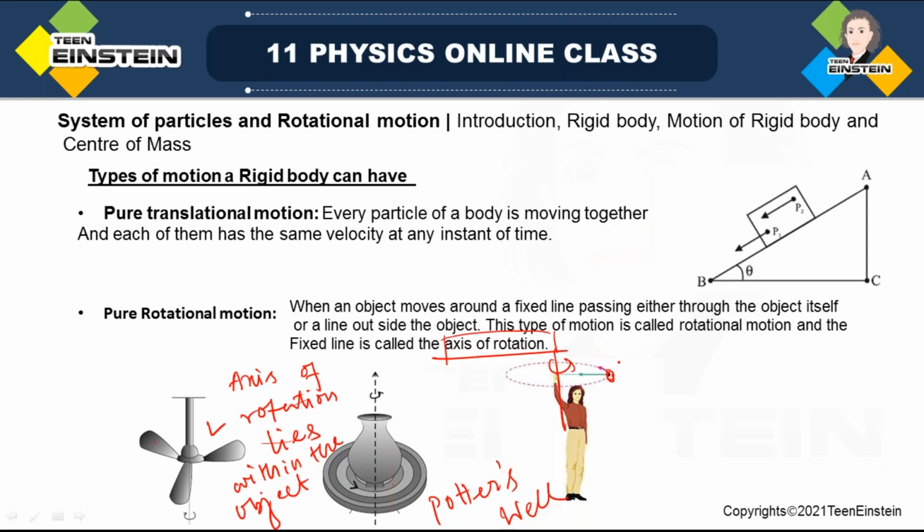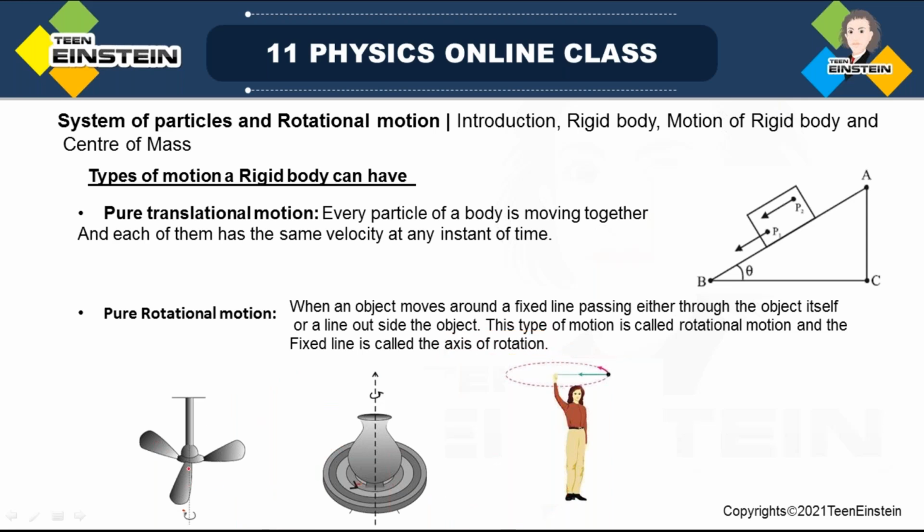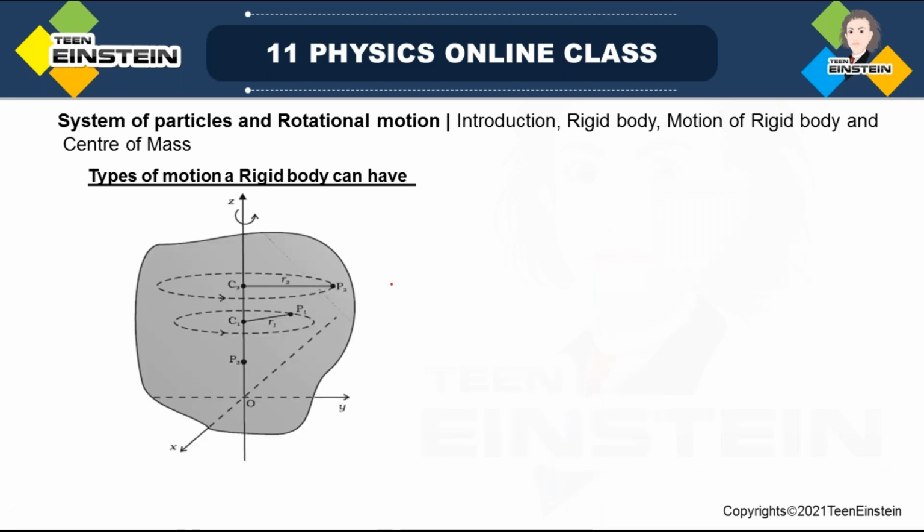So in these three examples, the axis of rotation passes through the object for these two, and for this one the axis of rotation passes outside the object. We'll learn a few more things about rotation.